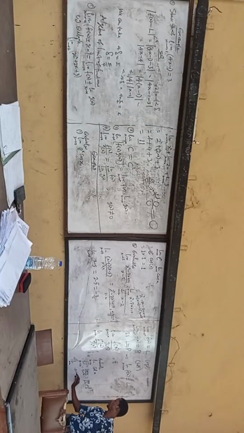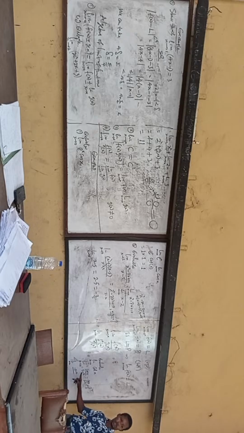Minus sine x. Differentiate sine x, what we have is cos x. So let's put our 0 again. You have minus sine 0 over cos 0. What is sine 0? 0 over what is cos 0? So the answer is not 1.